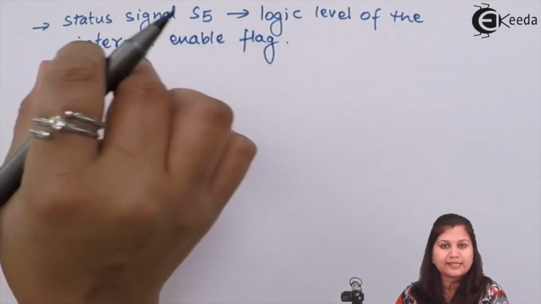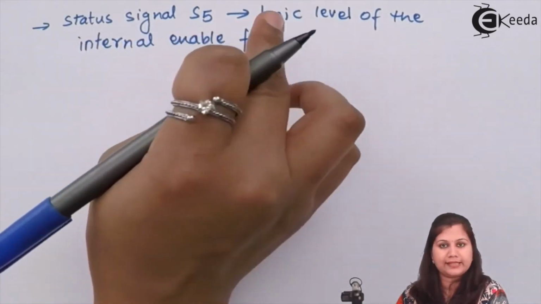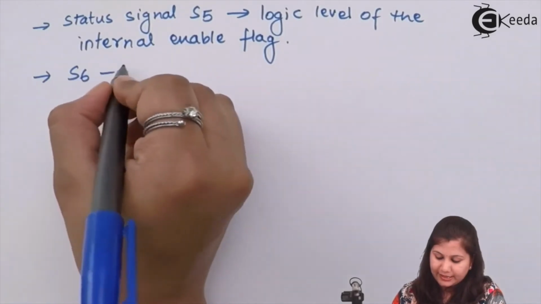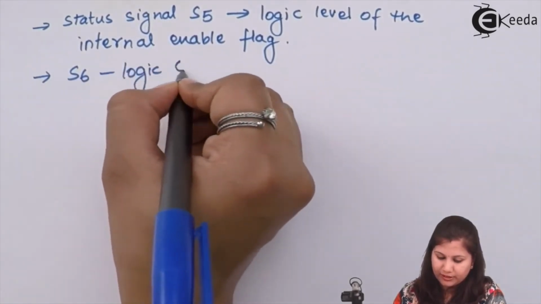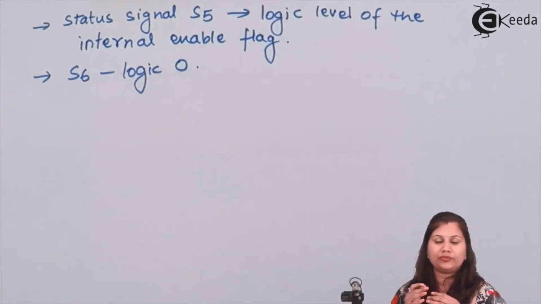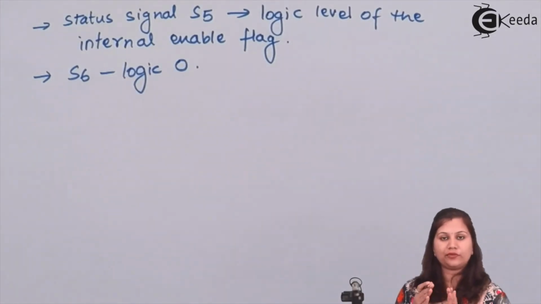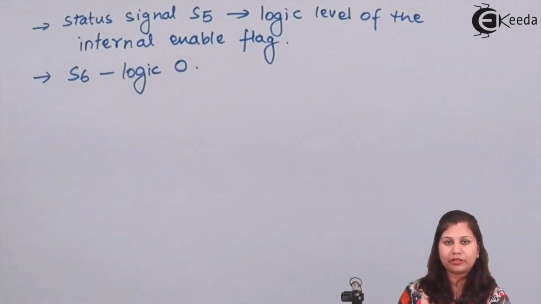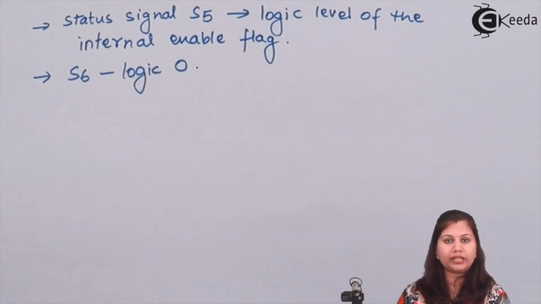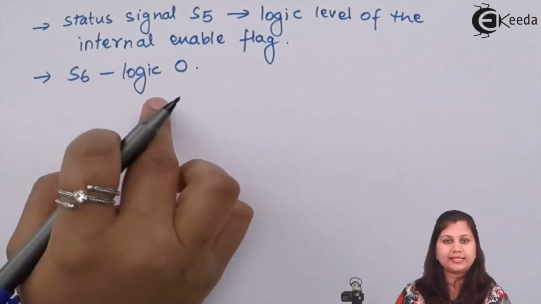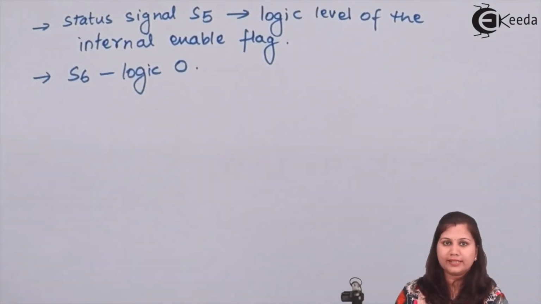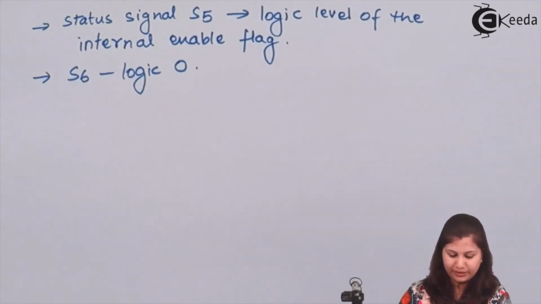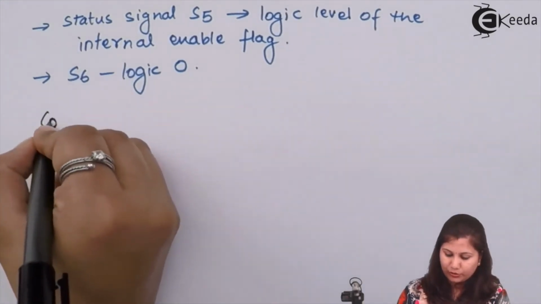So to enable or disable this internal flag, this status signal S5 is used. Then we have S6. This S6 is always kept at logic 0. So we have the status signals S3, S4, S5 and S6. S3 and S4 are used to identify the segment register, S5 is used for the internal enable flag, and S6 is always kept at logic 0. So these are the status signals used by the 8086 microprocessor. Next we have the control signals.